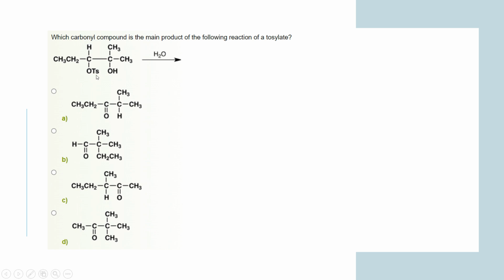Okay, because after knocking out this leaving group, only the carbocation will form. Okay, so at first this OTS will be protonated, and this will leave as the TsOH acid, and in the subsequent step you will get a carbocation center generated here.